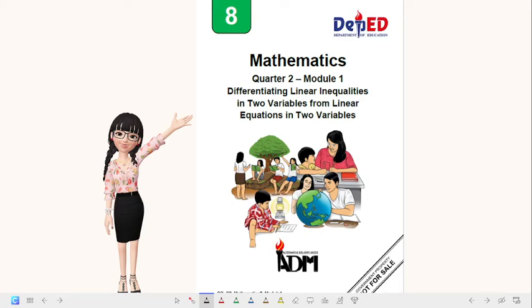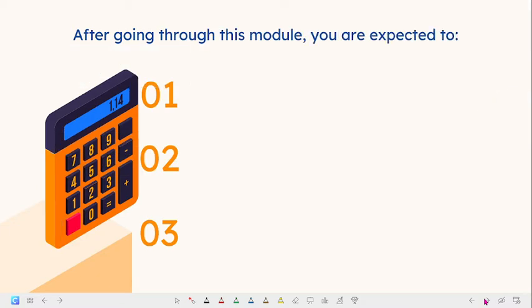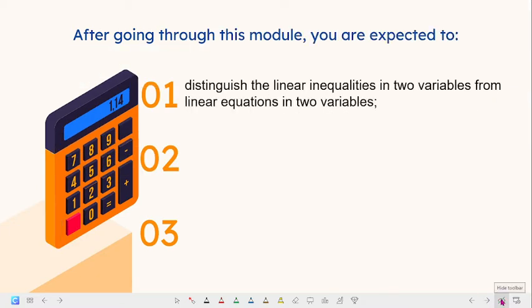Hello students. So today we're going to discuss Mathematics Quarter 2, Module 1, Differentiating Linear Inequalities in Two Variables from Linear Equations in Two Variables. After going through this module, you are expected to: 1.